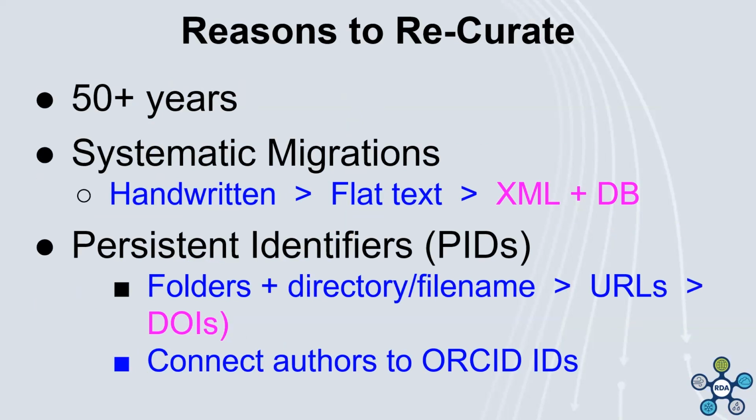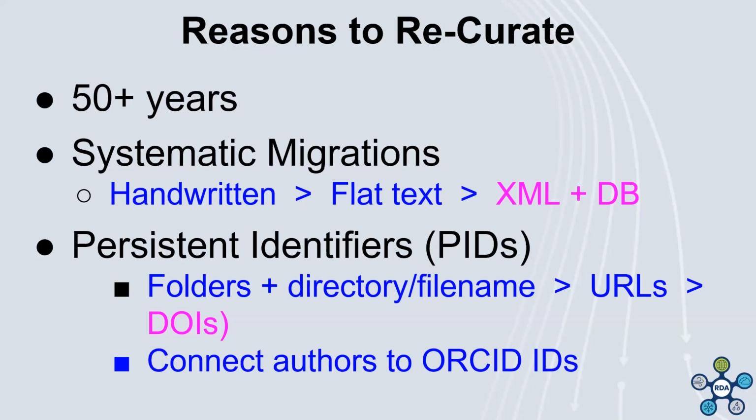Persistent identifiers didn't always exist. We had, and still maybe have, folders with hard copy paper documentation and maybe a directory file name on a mass storage system somewhere. And then over time, we got on the internet and URLs became our identifiers, and now DOIs, digital object identifiers, are what we assign to our data sets.